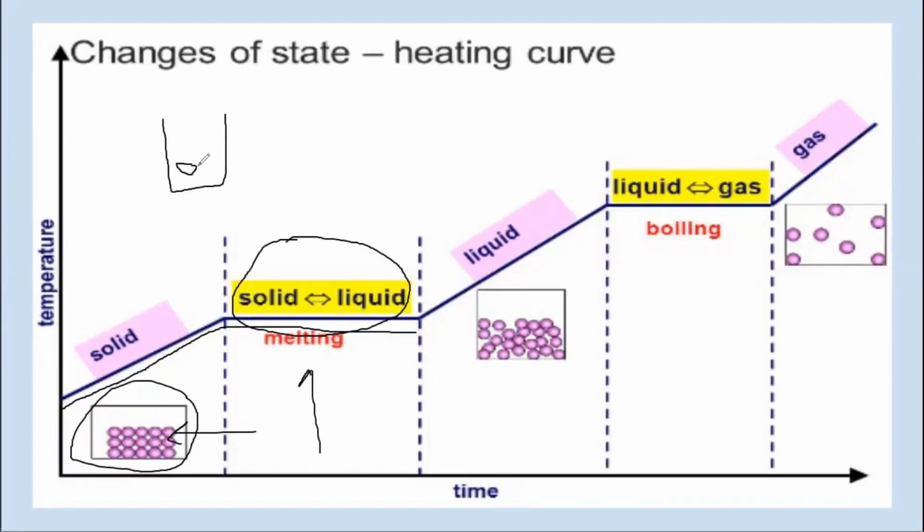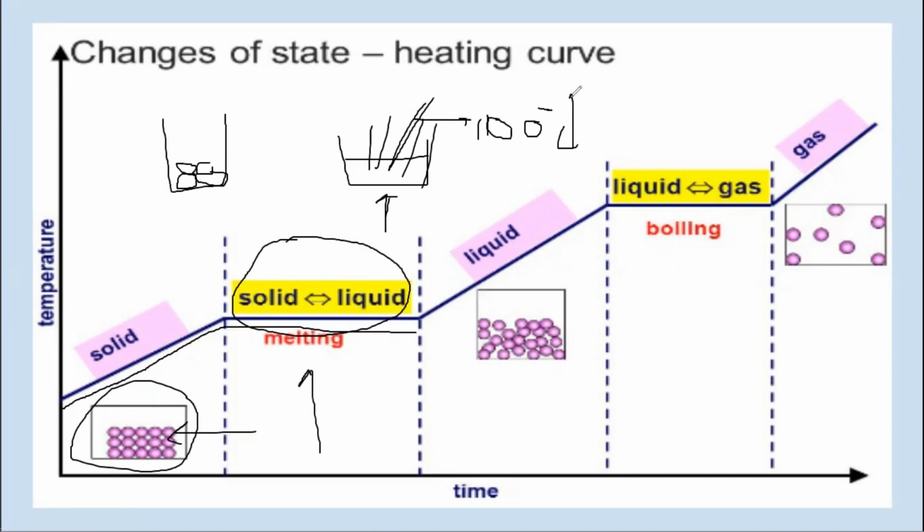For example, we have got a beaker with ice cubes, and the melting process is taking place. We have got a container with water, and we are boiling the water. If you dip the thermometer in the water, you will see the temperature is fixed at 100 degrees Celsius. The temperature is not going to rise anymore until the entire water turns to steam, and then the temperature will start rising.